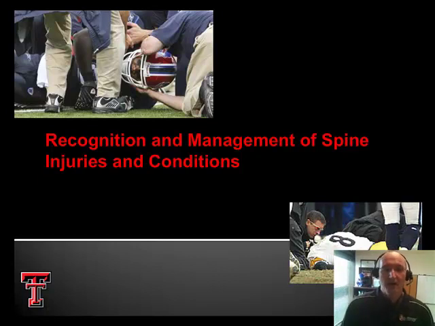It's something that we practice regularly, how to evaluate, and then once we've made the decision that it is a likely cervical spine injury or spinal injury period, then we proceed with the utmost caution. And although I've got 2 pictures of football here, this in no way, shape, or form should lead you to believe that these injuries only occur in contact football. Any athlete could suffer a spinal injury.